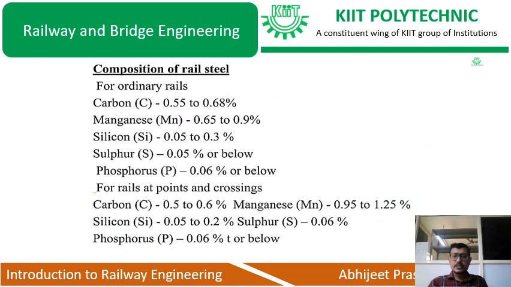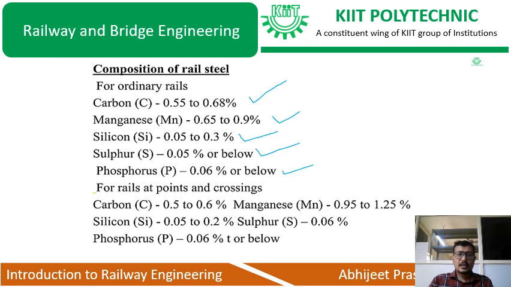The composition of rail steel for ordinary rails: carbon content is 0.55 to 0.68%, manganese 0.65 to 0.9%, silicon 0.05 to 0.3%, sulfur 0.05% or below, phosphorus 0.06% or below.